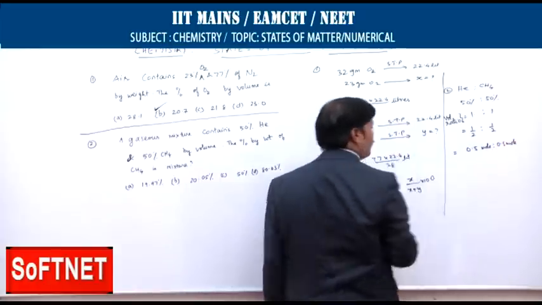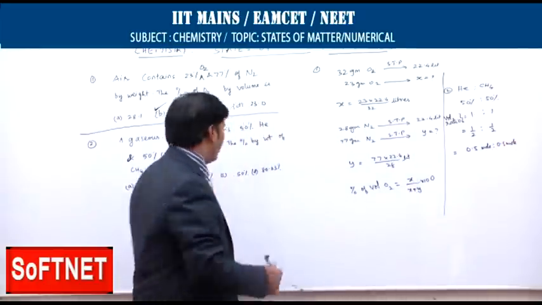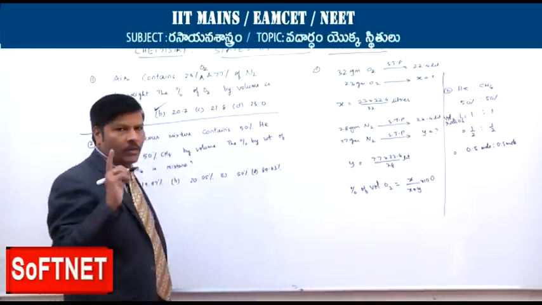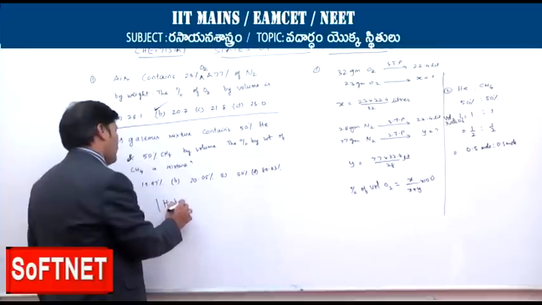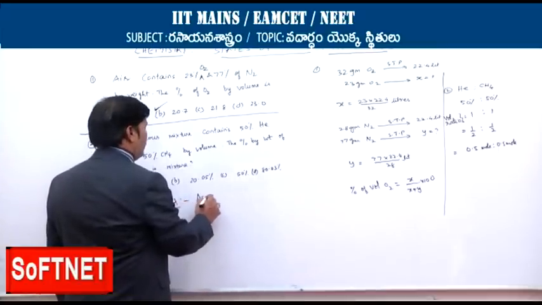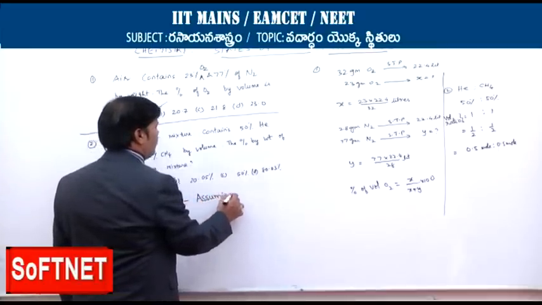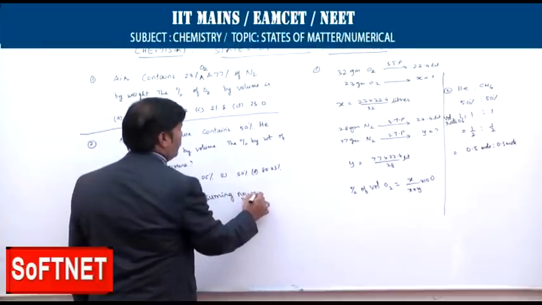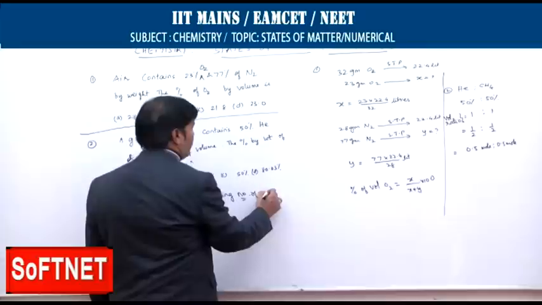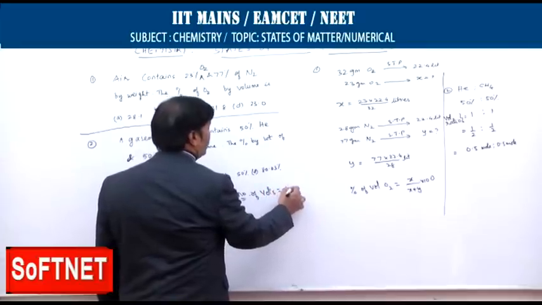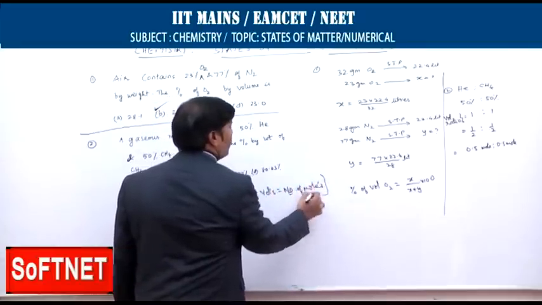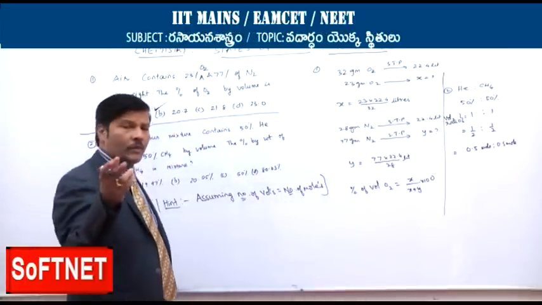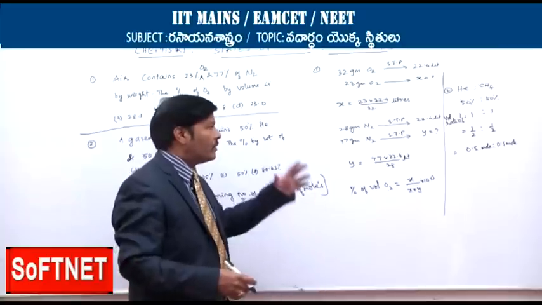Here is one important condition, the hint: assuming number of volumes is equal to number of moles. So though we got volumes, these volumes are being assumed as number of moles.